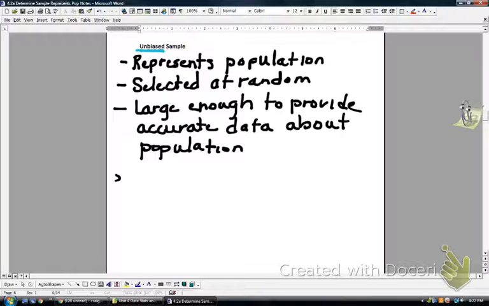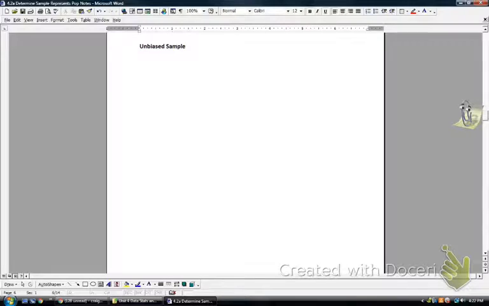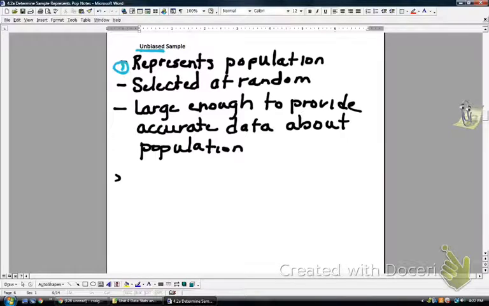To make sure that happens, the first thing you want to make sure is it represents the population. The second thing, you want to make sure that it's selected at random. And the last thing is you want to make sure your sample is large enough to provide accurate data about the population. If you have those three things, that will ensure that you have an unbiased sample.